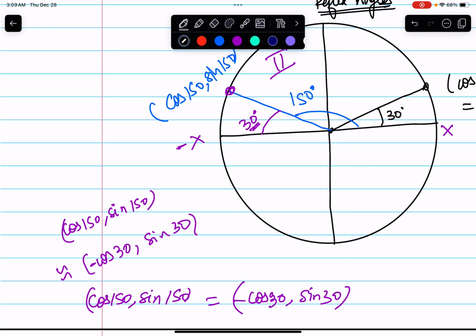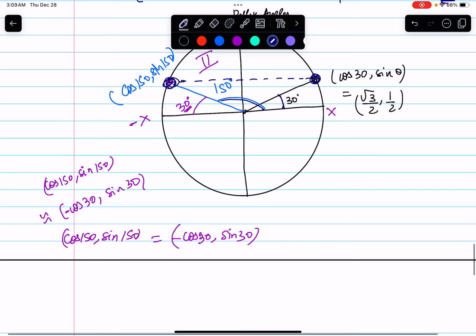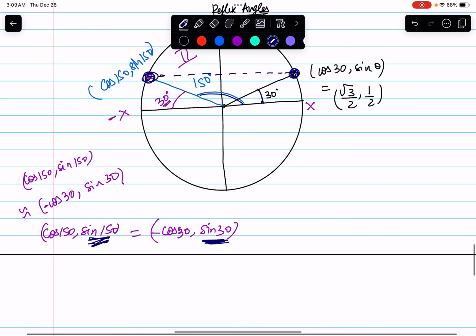And the reason is, that's why it's important to visualize the unit circle, because if you draw these two lines, you're going to see that when you're at 30 and when you're at 150, the corresponding values of y are exactly the same. And that's why sine of 150 and sine of 30 correspond. So 30 is the reflex angle, so these two values correspond to each other. And then the corresponding x values are also very similar.